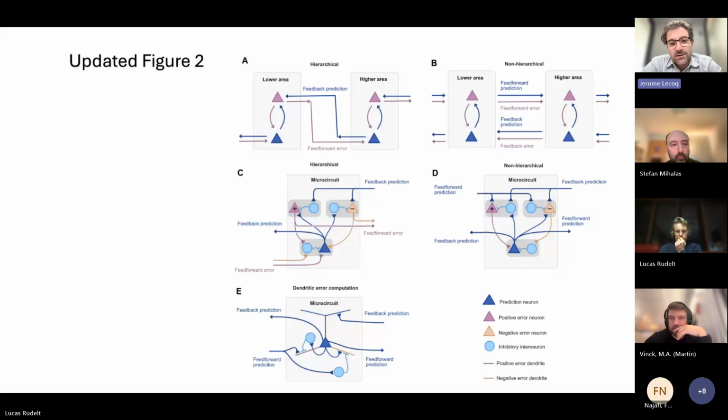I do agree that lots of people were confused by the diagram, so I think it's definitely fair. One possibility would be, instead of numbers, to name them, right? So the bottom box would be the prediction or state, and then negative error and positive error.